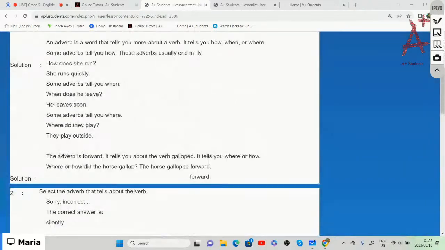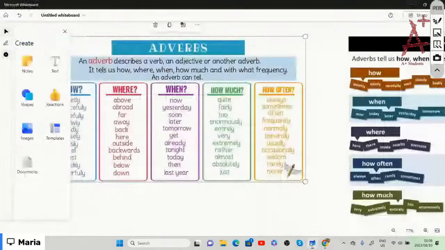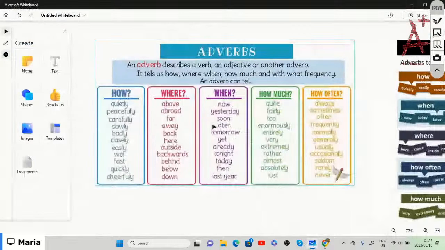All right. So now, also with adverbs, let us go to our white page. So, once again, an adverb describes a verb. An adverb not only tells us about a verb, but an adverb also describes or tells us about an adjective or another adverb.